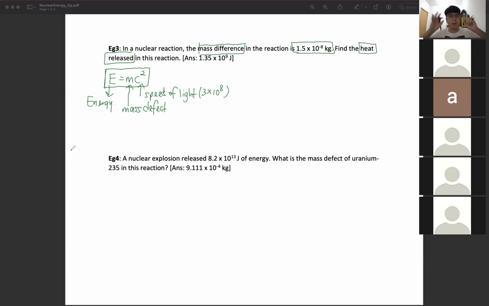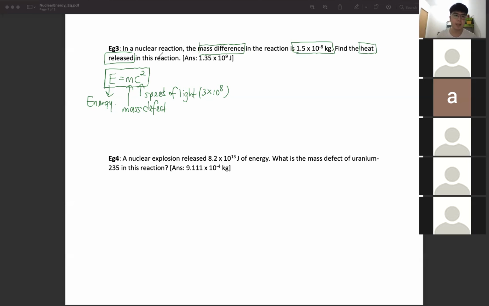You can think of it like a torchlight. If I turn on the torchlight, it shoots out a ray of light. Even in that situation, there is a tiny mass defect. The mass defect is being converted into energy, and we can calculate that energy using this formula.